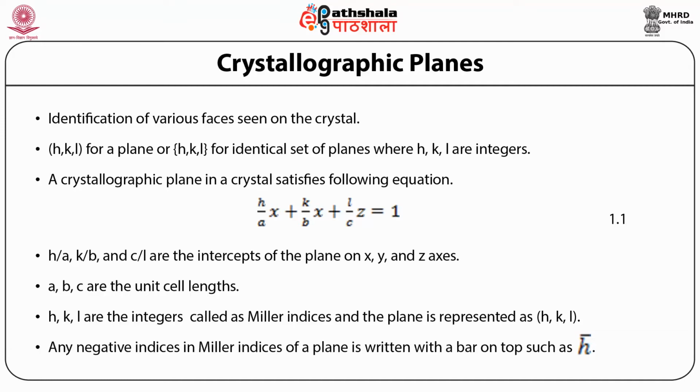Any negative index in the Miller indices of a plane is written with a bar on top of that integer, for example h bar, k bar or l bar.